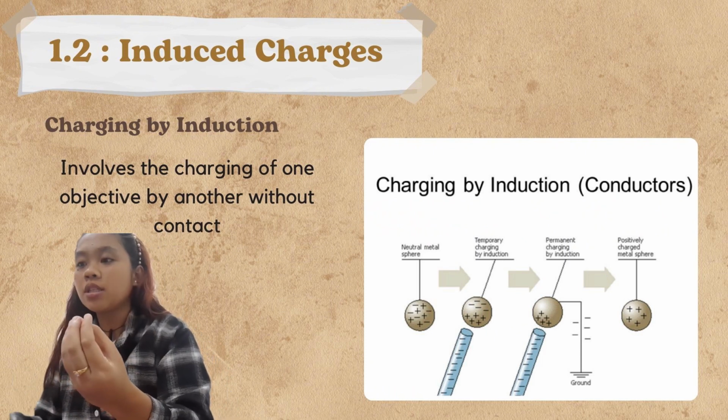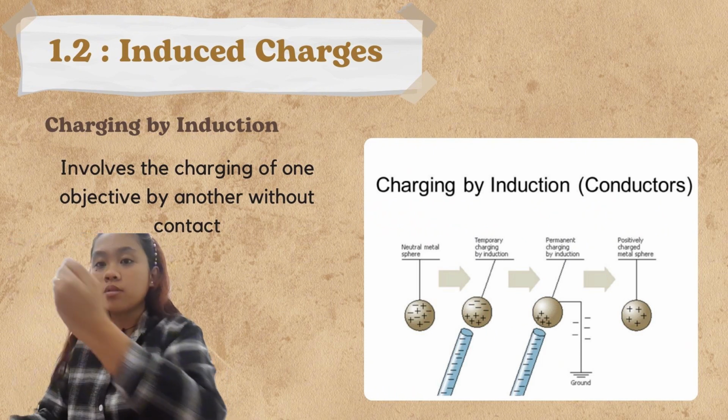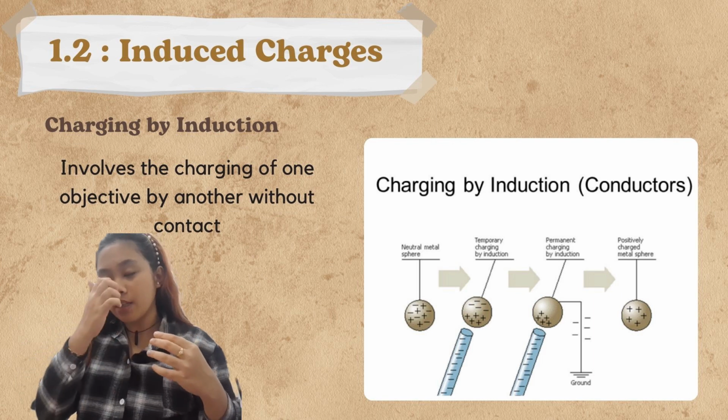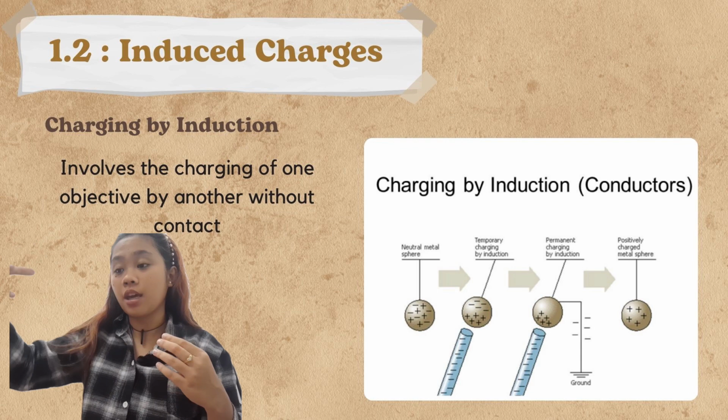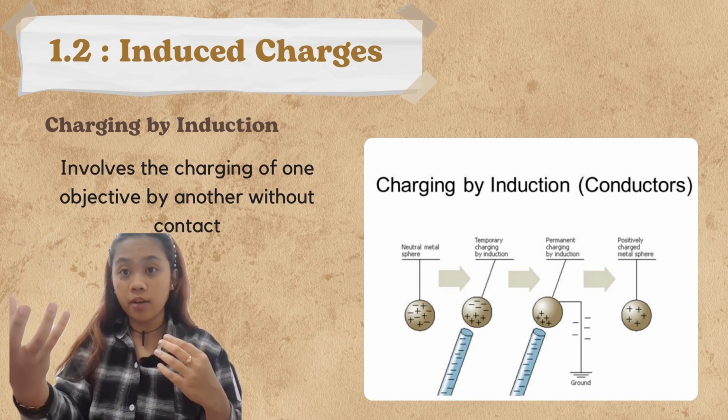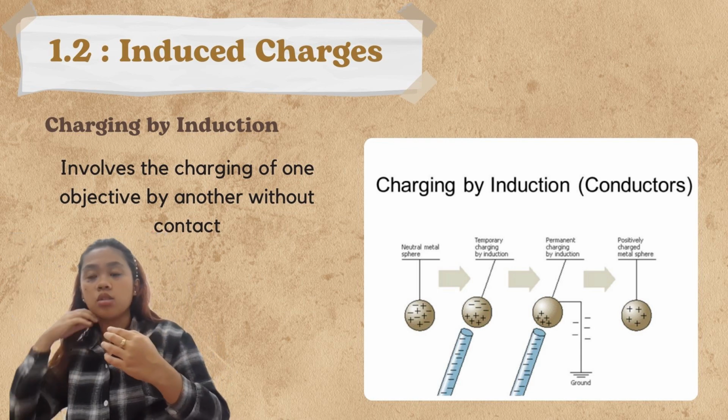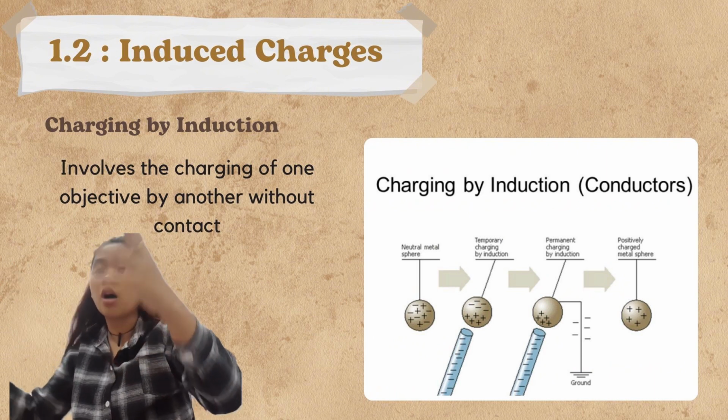The positive charge will be attracted to the negatively charged rod, while the negative charge in the neutral sphere will go to the ground. It still flows out, but it doesn't flow out to the rod.